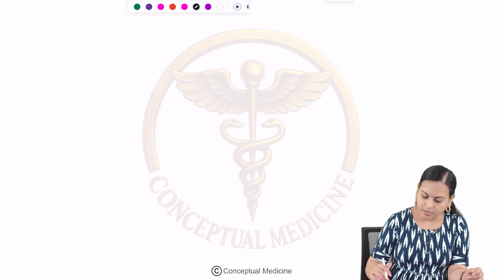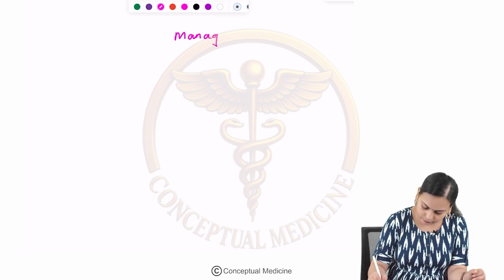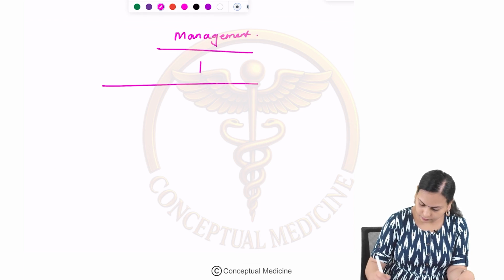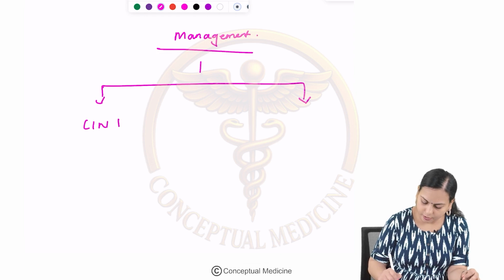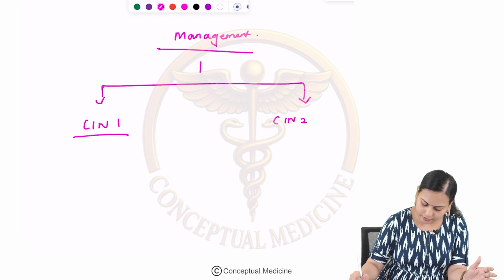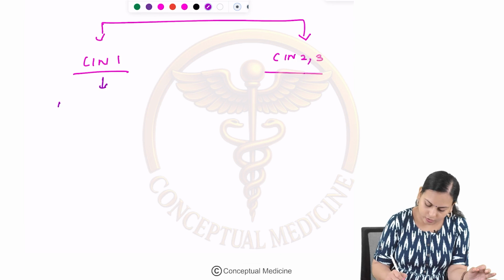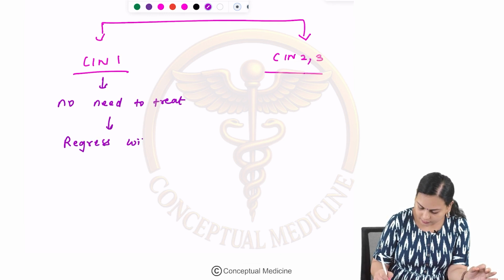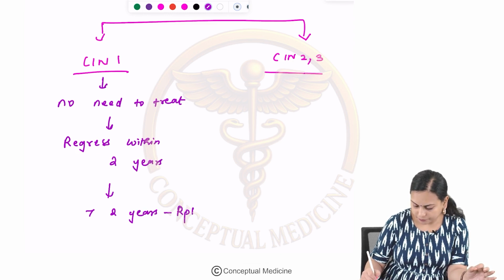Now let us discuss how management of CIN can be done in short. Management depends upon the type of CIN. It can be CIN1 or it can be CIN2 and 3. Remember, when it is CIN1, there is no need to treat. You have to understand that point first. It mostly regresses within 2 years, and if even after 2 years it is present, you have to check for that.